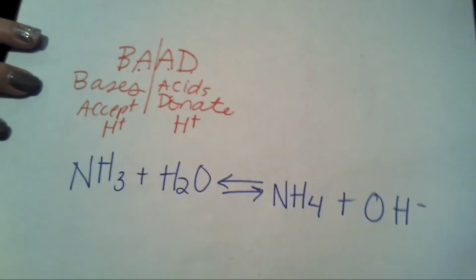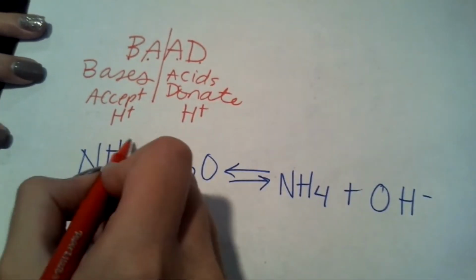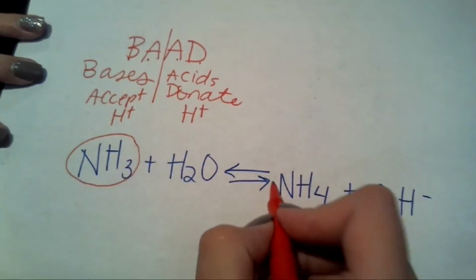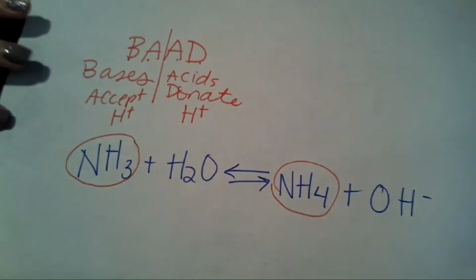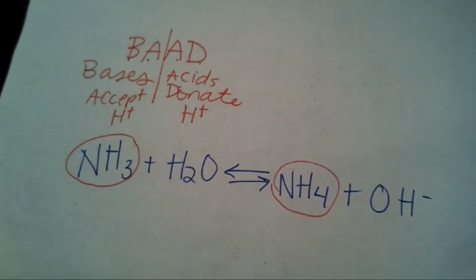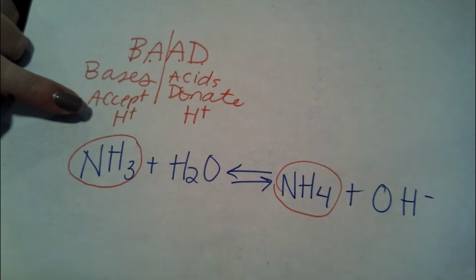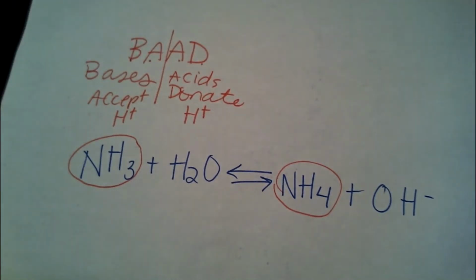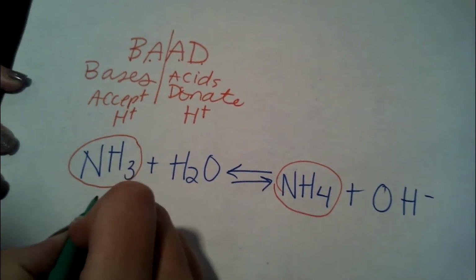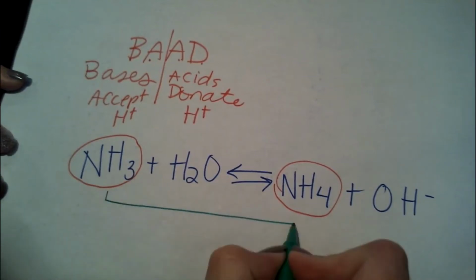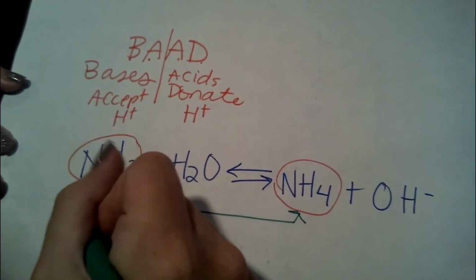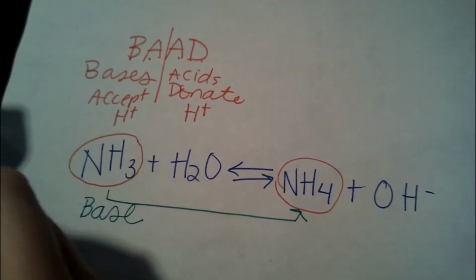So I always look at chemical reactions as a before and after. We have NH3 becoming NH4. In order for that change to happen, it had to have accepted the H plus. It literally gained an H. So if NH3 is gaining, that makes NH3 the base.